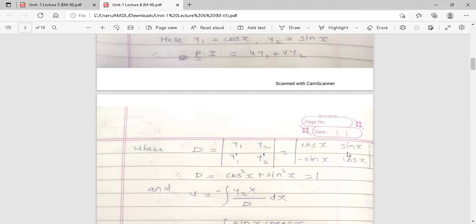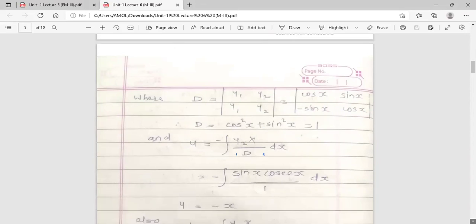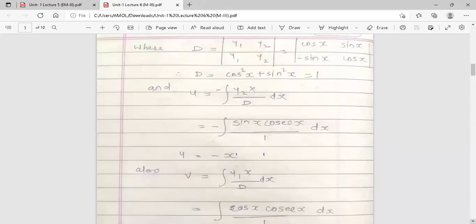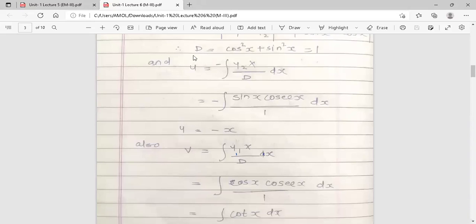Y2 is sin x. So put the value of y2, sin x.